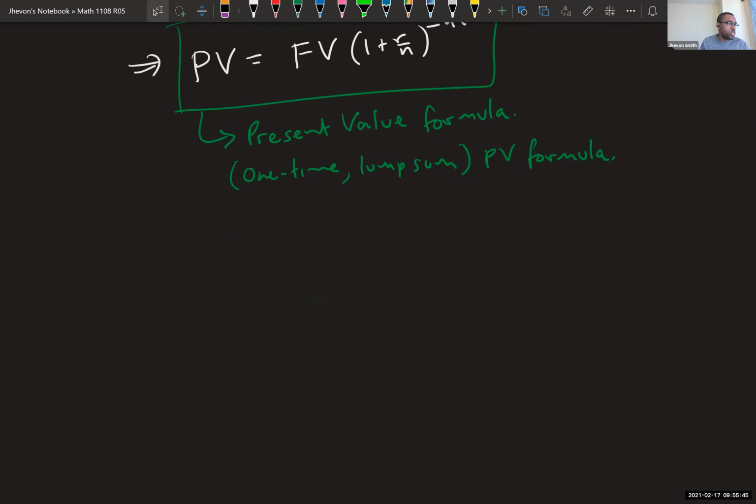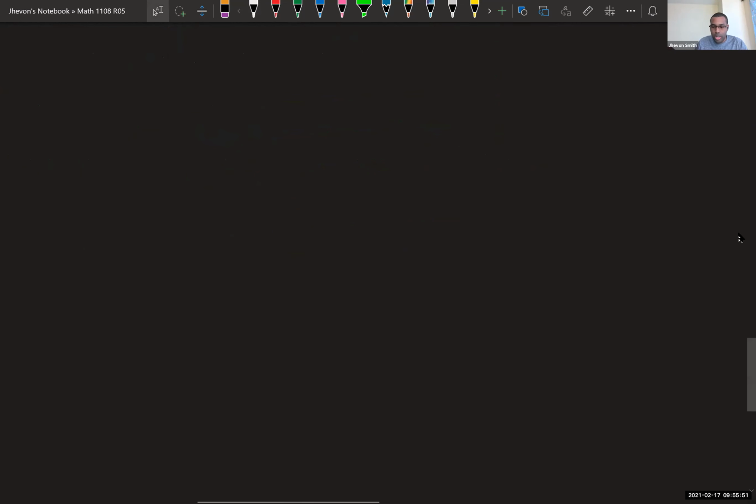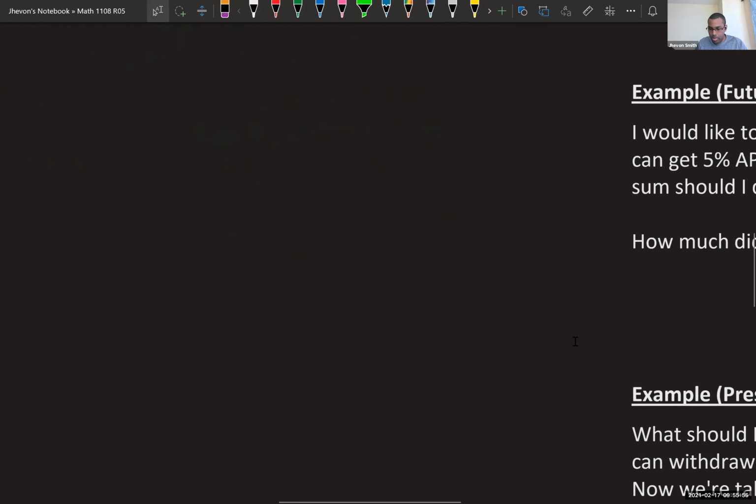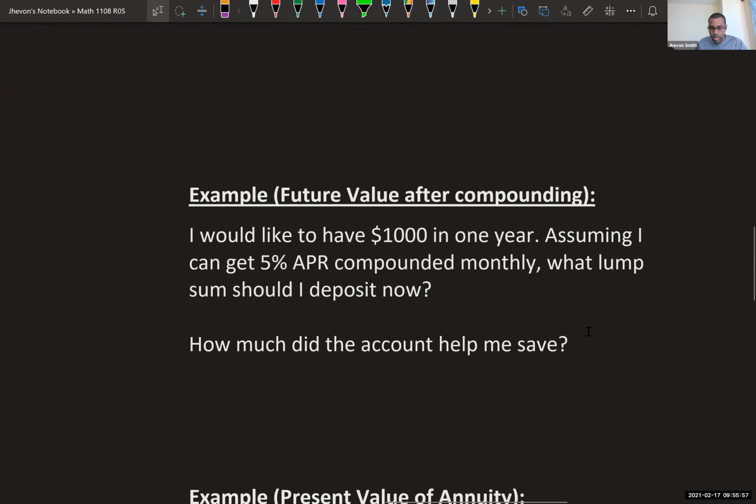So I'm going to start out by doing just a very simple example. The point of this is not to be realistic or anything. It's just to show you how we can use this formula. And I typed up the example somewhere. Okay, here.